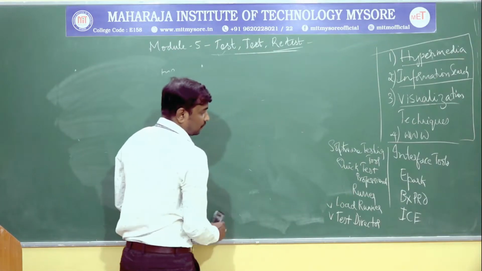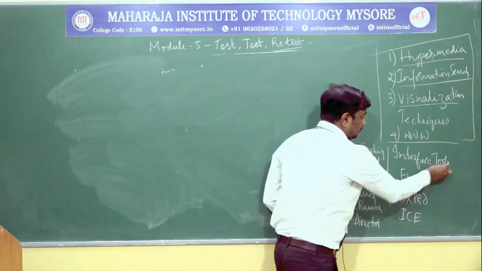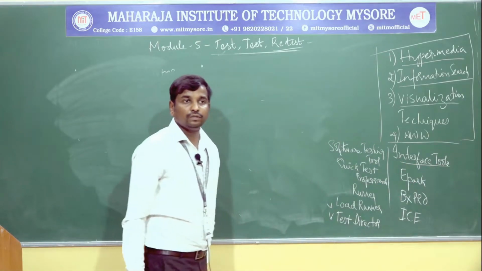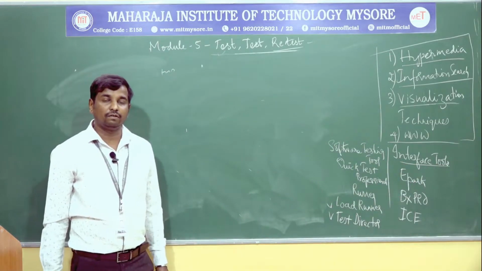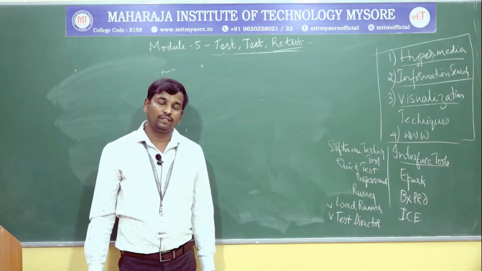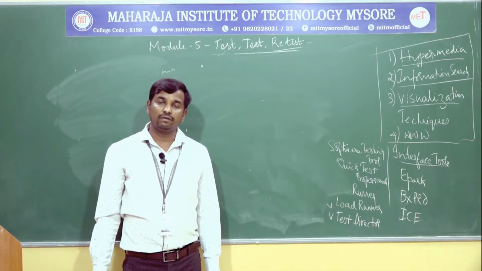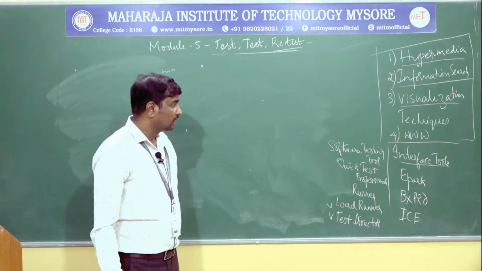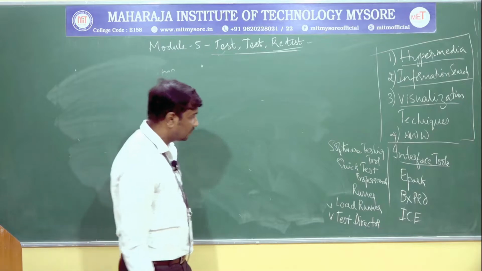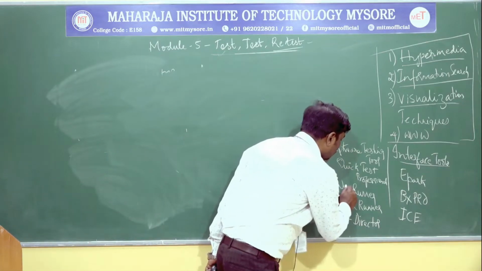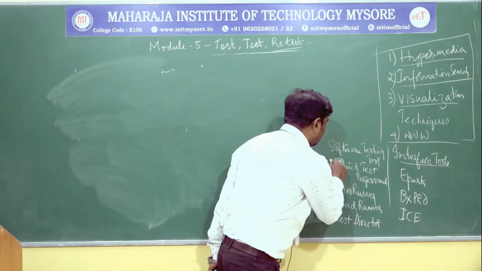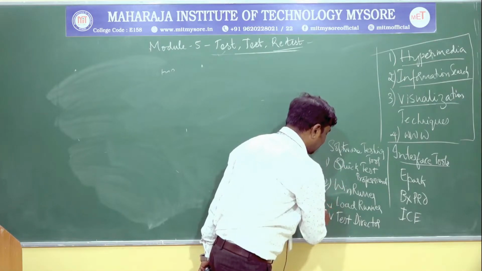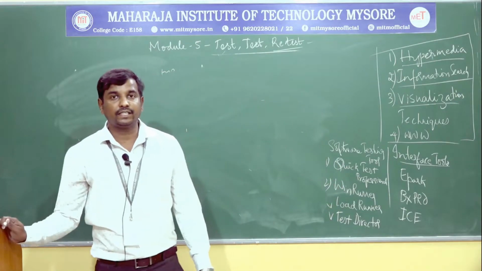Next we need to talk about something called interfacing tools. Whenever we develop a user interface, we develop it with respect to the different protocols which we have discussed earlier. So now the interfaces start from prototypes, types of interfaces like that.